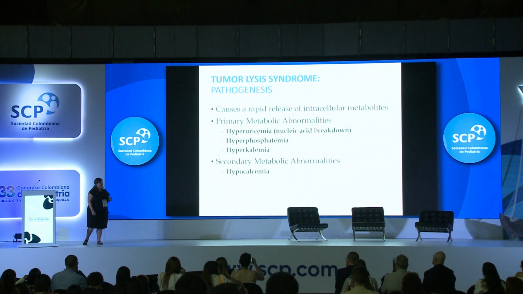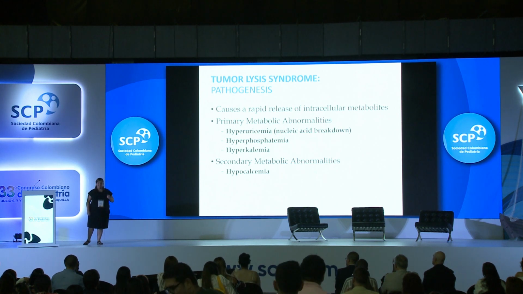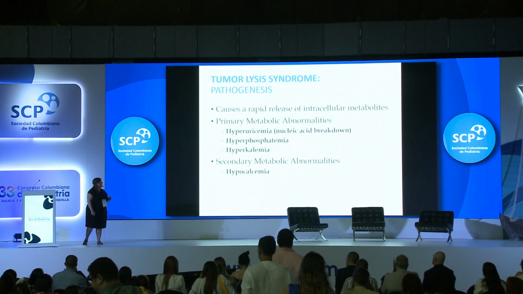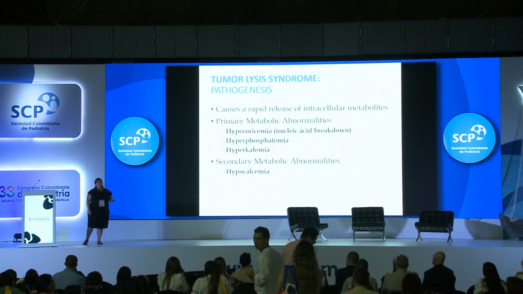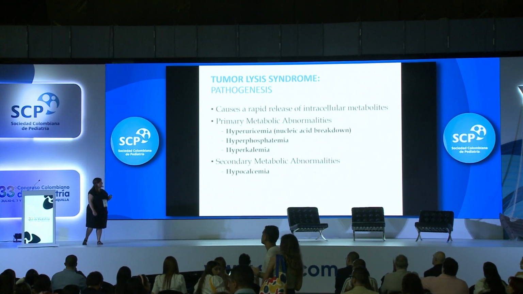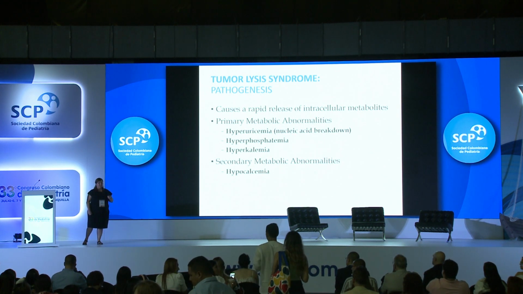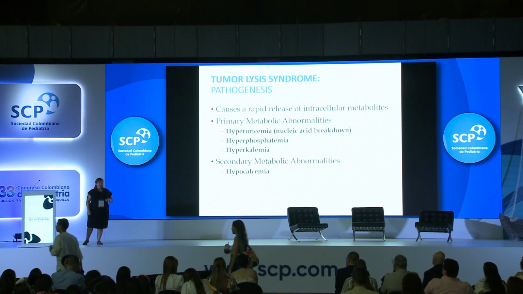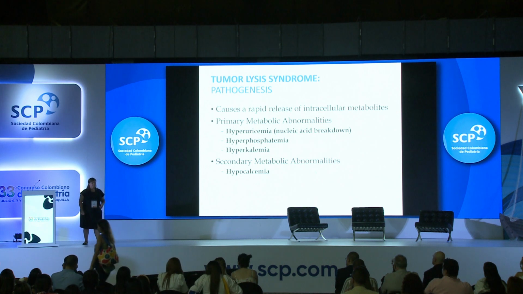The primary abnormalities that we see are hyperuricemia, or a high uric acid, hyperphosphatemia, and hyperkalemia. Due to these, and specifically due to the hyperphosphatemia, you can also get a secondary hypocalcemia. And all of these can cause significant renal toxicity and make the patient very ill.